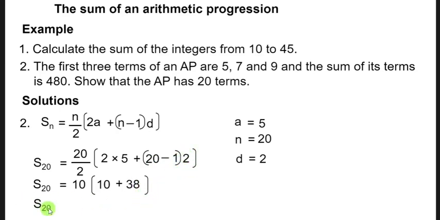Adding these gives 48, times 10, which will be 480. So hence we have proven this, because the sum of the 20 terms is actually equal to 480. All right, so let's see what is next.